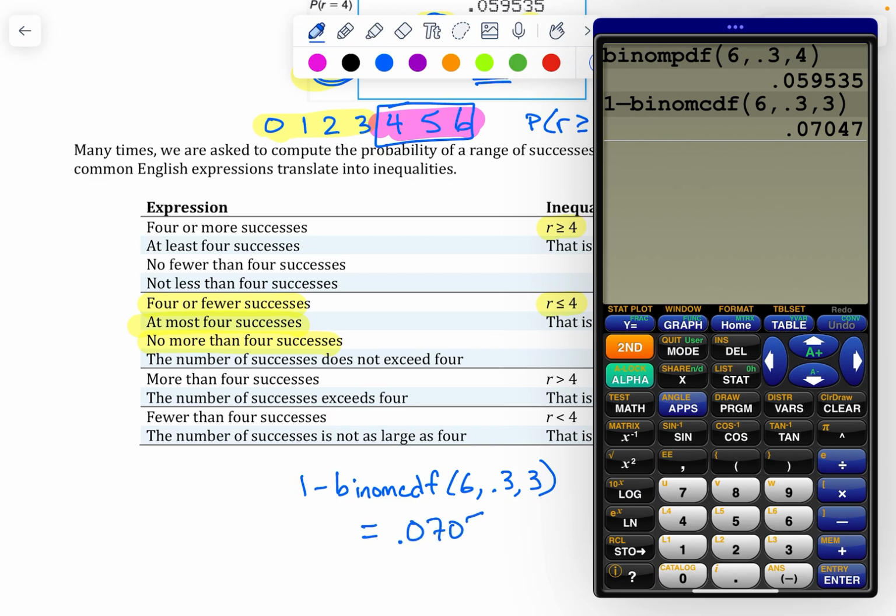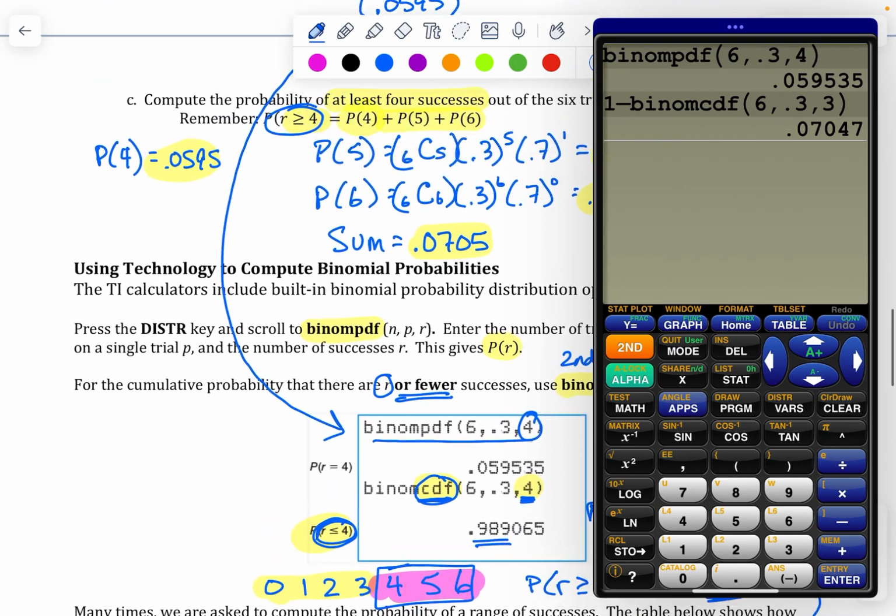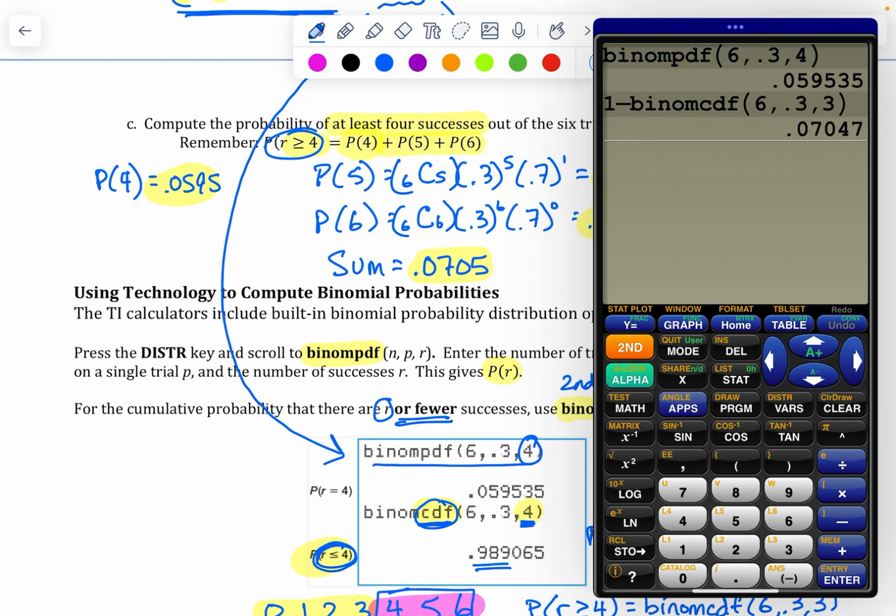So it's a little bit more legwork, and you really have to understand how the calculator function works if you don't want to do it by hand. My advice, always do it by hand to get the idea and add them up, right?